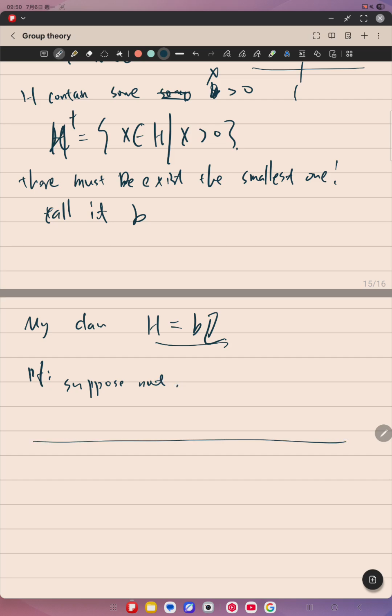Then there exists some X which lies between n minus 1 times B and n times B.